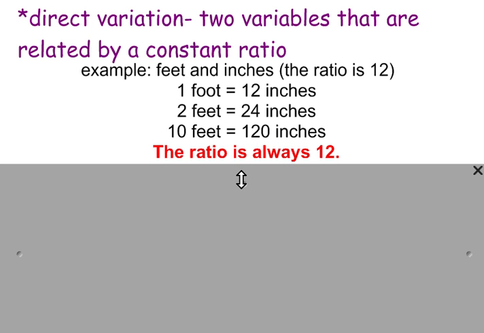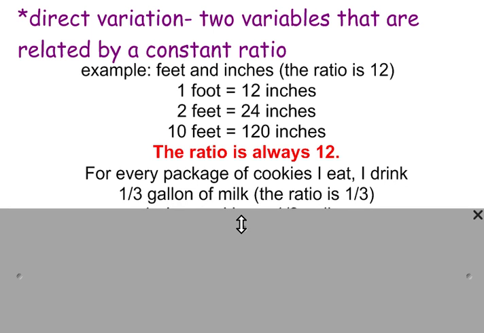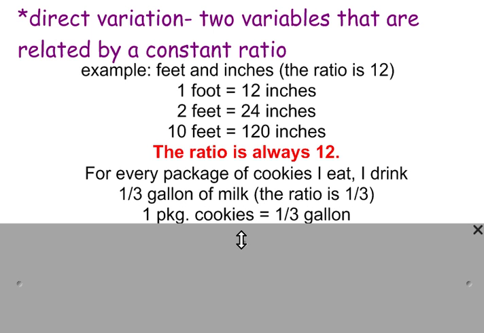So here's another example. For every package of cookies that I eat, I drink 1/3 of a gallon of milk. The ratio between cookies being eaten and amount of milk being consumed is 1/3. So if I have 1 package of cookies, I'm drinking 1/3 of a gallon of milk.